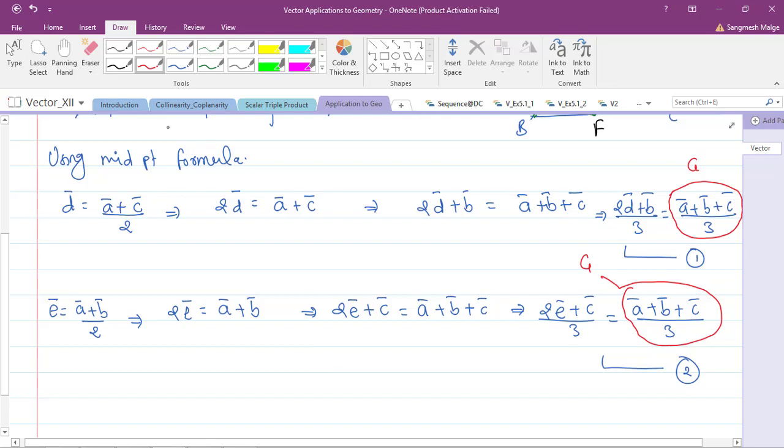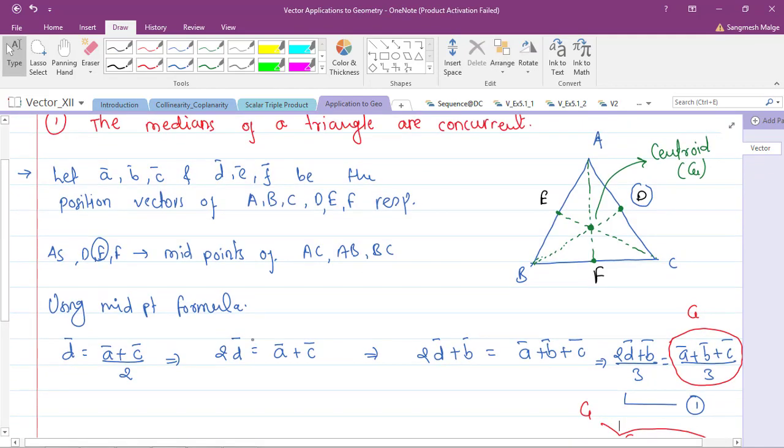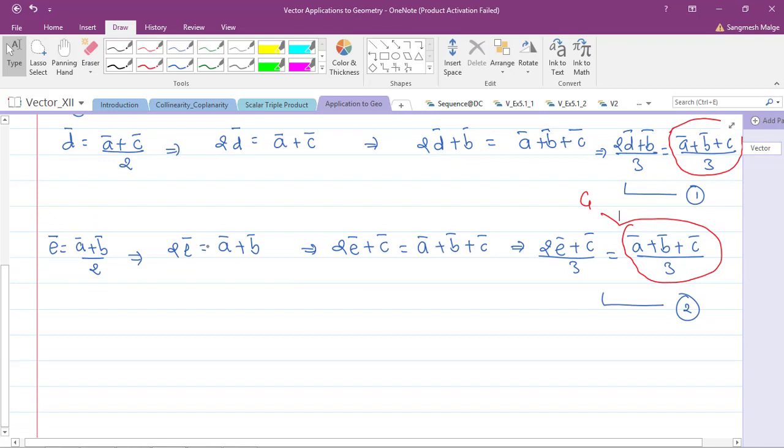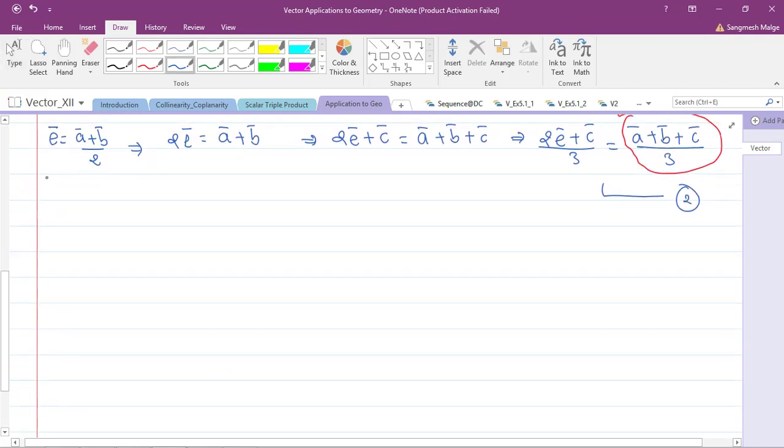Okay, the next point we have is F bar. What is F bar? F bar is the midpoint of BC. So let's write that down. F bar is equal to (b bar plus c bar) by 2. So 2F bar is equal to b bar plus c bar, which implies, now you don't have a here, so add a bar on both sides.